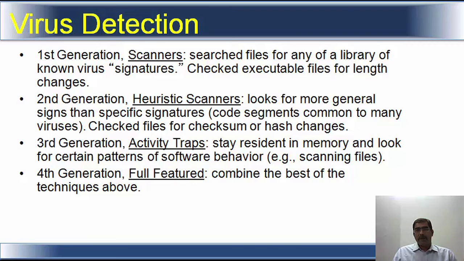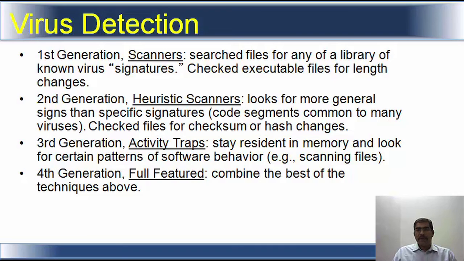The first generation of antivirus or virus detection software were called scanners. What they did was search files for any of a library of known viruses, and check executable files for length changes. That means your first generation scanners had a virus database within them.